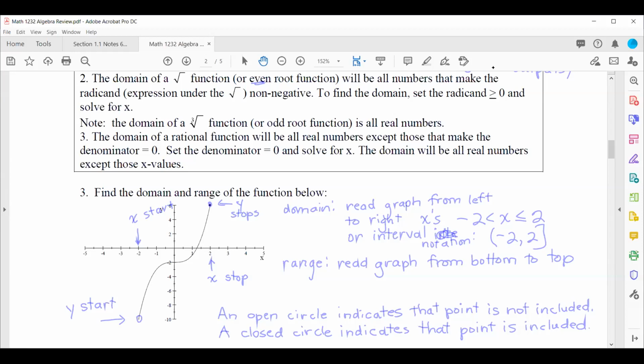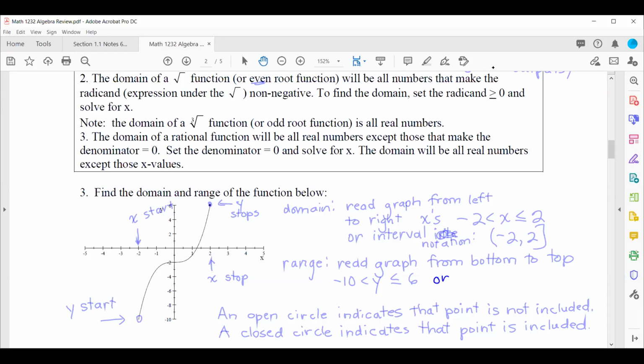6. So what I would say for my range, the y values are greater than -10, but less than or equal to 6. Again, the open circle tells me that the y value of that point is not included. The closed circle at the top tells me that the y value of that point is included.